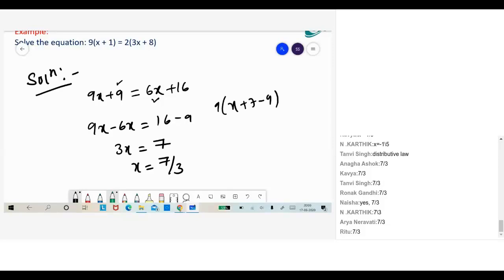Instead of multiplying 9 with each and every term, first solve the terms inside the bracket: 7 minus 9 is minus 2, and 8 minus 1 is 7. Now you multiply. Whenever you have simple terms inside the bracket, multiply the outside term with the terms in the bracket. If not, solve the terms inside the bracket, then multiply with the outside number.